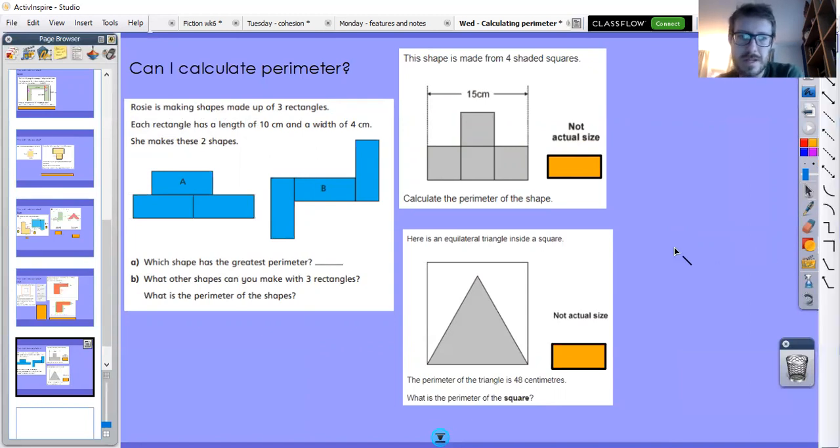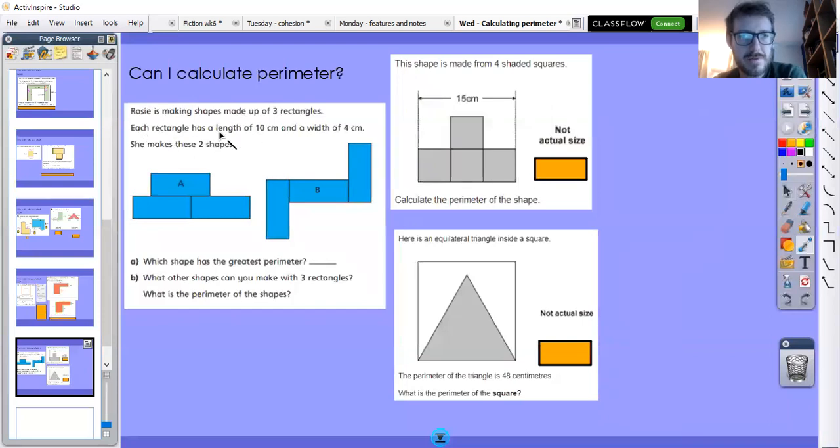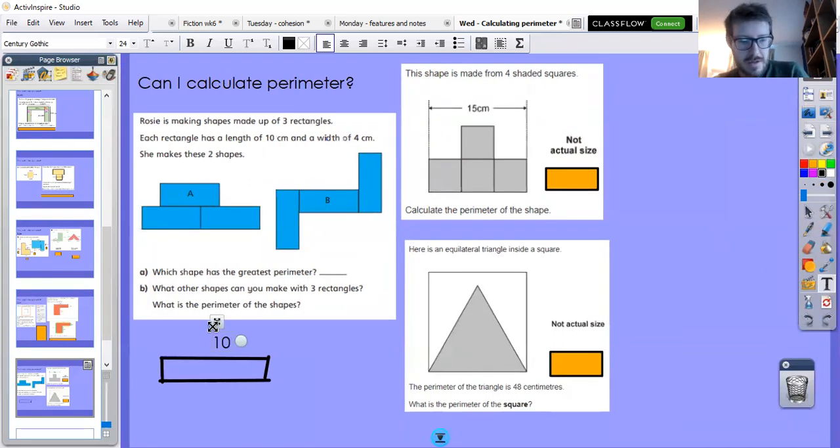So with this one, we need to remember again. Each rectangle has a length of 10 centimeters, so we'll do a rectangle down here, and a width of 4. So a length of 10 centimeters and a width of 4 centimeters. So what do we know?